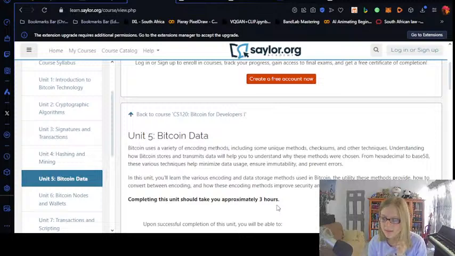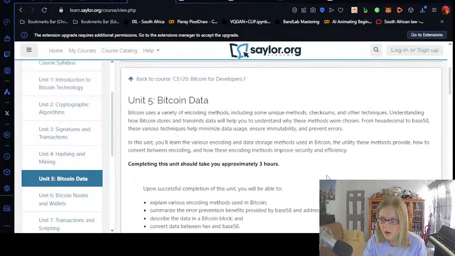From hexadecimal to base 58, these various techniques help minimize data usage, ensure immutability, and prevent errors. So we can see that we're not only tied down to base 16 as far as Bitcoin is concerned.